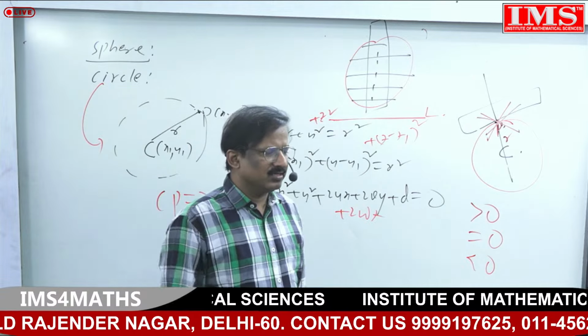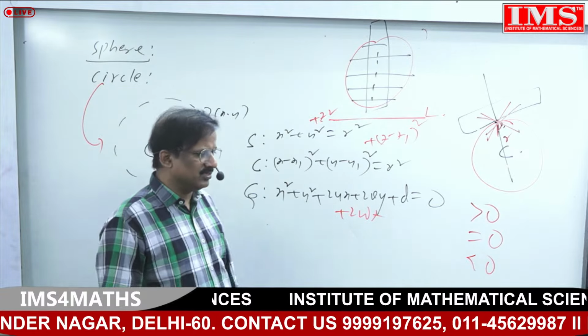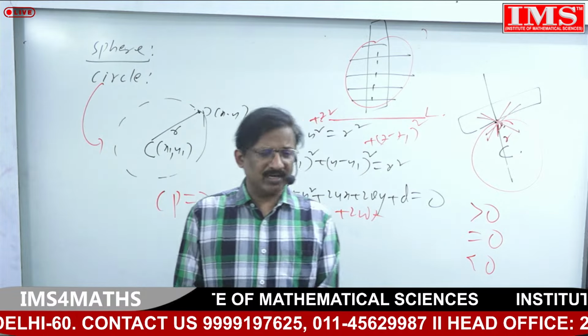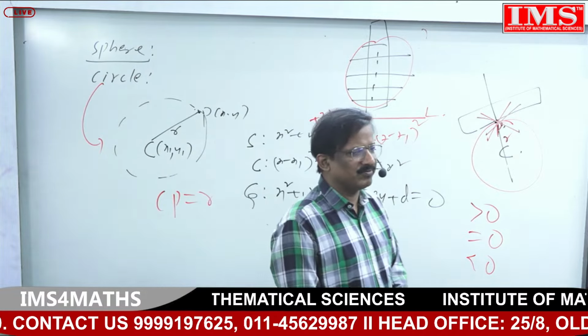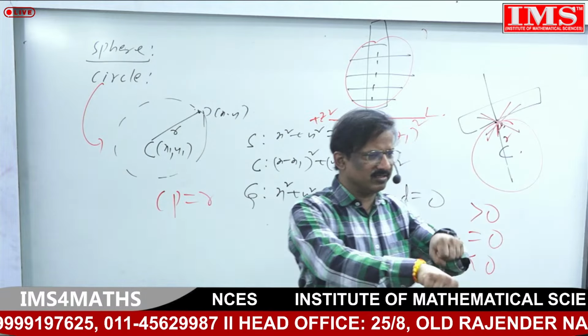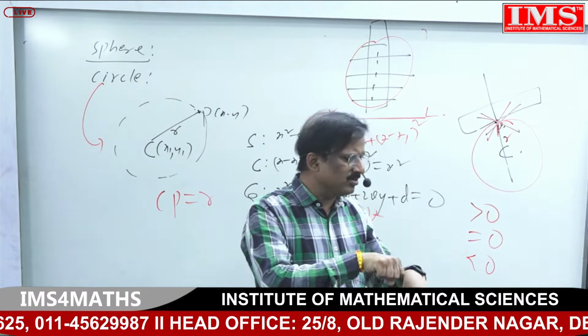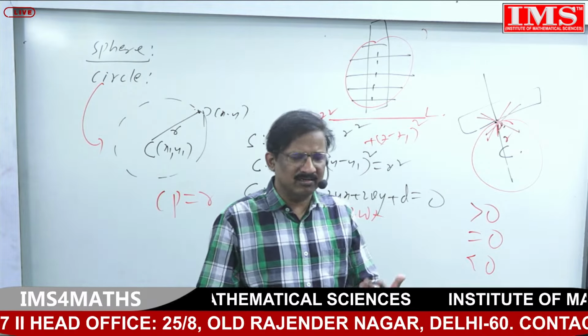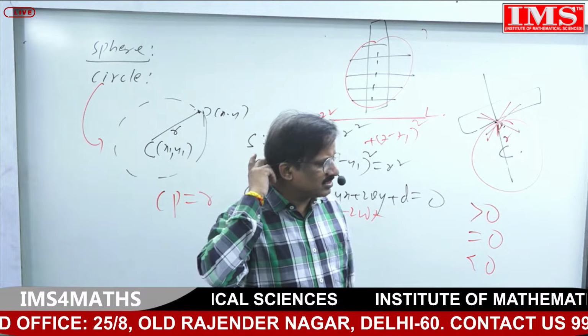Then what is the condition? The intersection may happen orthogonally, or it may not happen orthogonally. When two spheres intersect each other, will they intersect at 90 degrees or at less than 90 degrees?